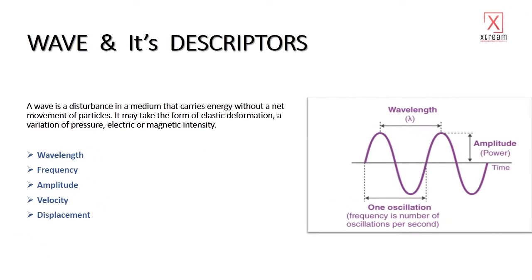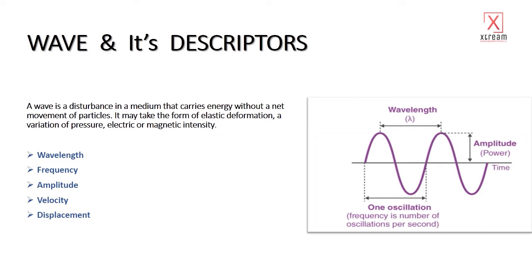Now, before we go to the topic of wireless networks, I would like to discuss some of the descriptors of the wave, because waves are what wireless networks depend on.